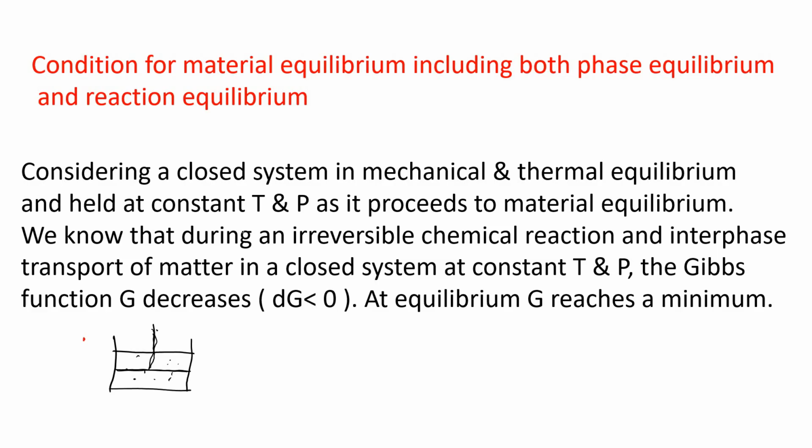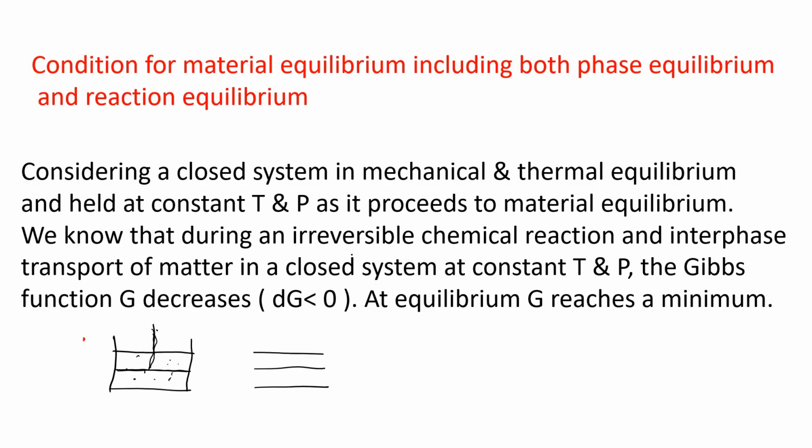And there is interface transport of matter, that means we are considering a closed system but it is heterogeneous, a number of phases are there, so matter can be transported from one phase to another. Under this condition, an irreversible chemical reaction or interface transport of matter may occur in the closed system at constant temperature and pressure.